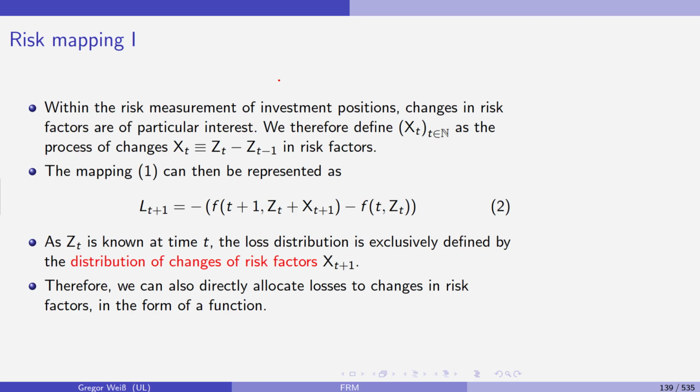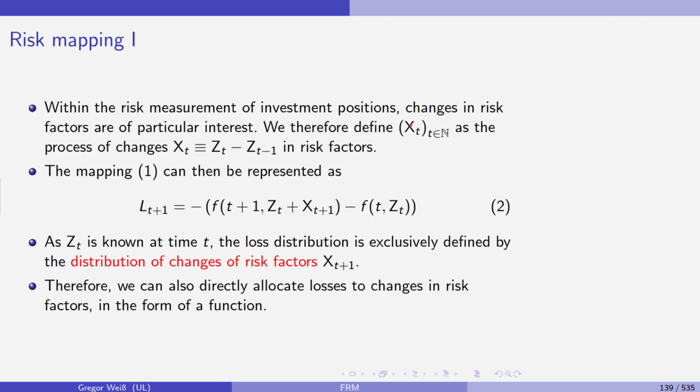Now, first of all, we still want to measure risk. So we have an investment, we want to measure risk, and what causes the changes in risk are actually changes in risk factors, because changes in risk factors will lead to a change in the future value of our position, and this will be a profit or loss.